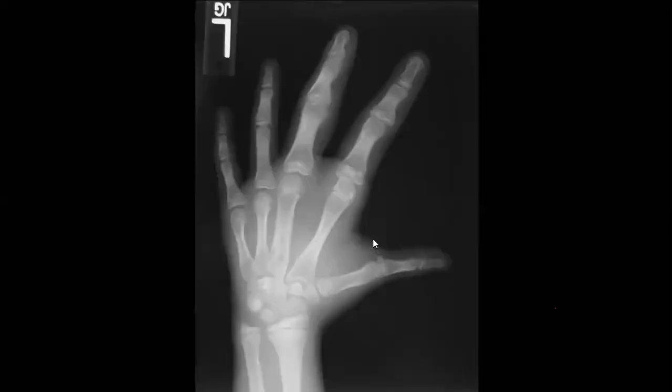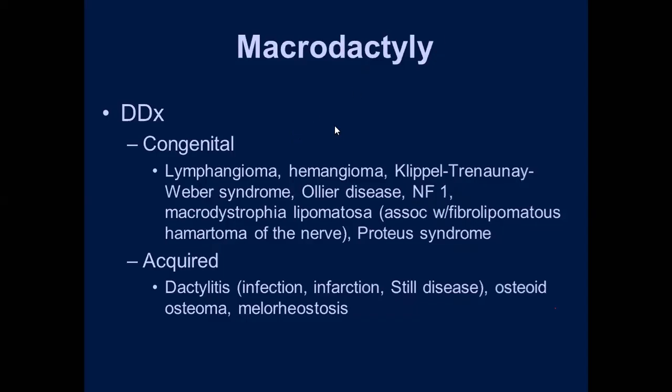This is a tricky case, especially if he shows you this big hand with big fingers and big everything, okay? So that's what's called macrodactyly, and it is something syndromatic. So you will talk about all the congenital aspects, and it is associated with what you mentioned, fibrolipomatous hamartoma of the nerve. So it is congenital, just something to know.